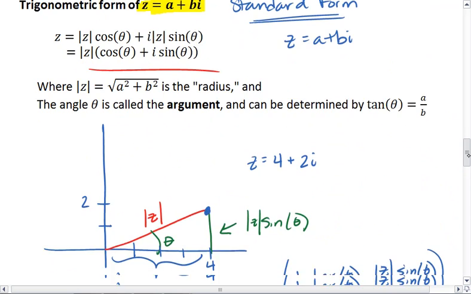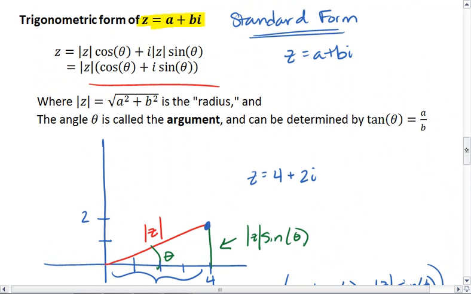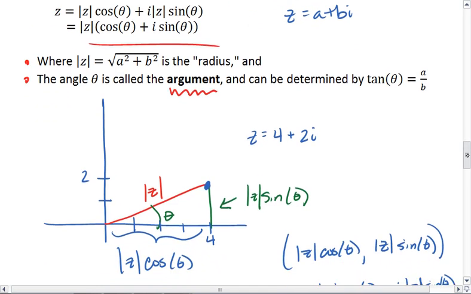The way we apply it is we use what I've given you here, where you see again that the magnitude is the square root of a squared plus b squared, and it's essentially the radius of our point. The angle theta is called the argument. And the way we find theta is we take tan.